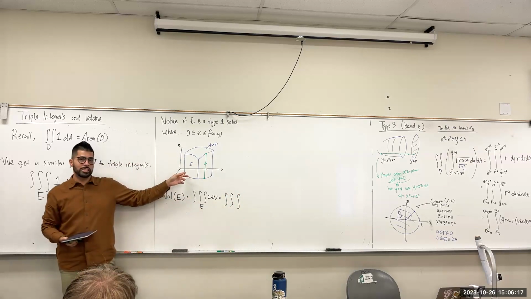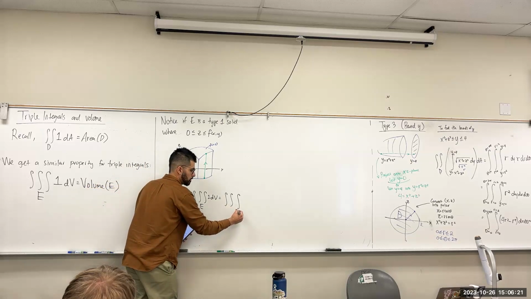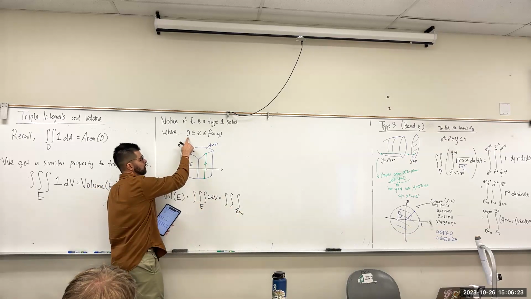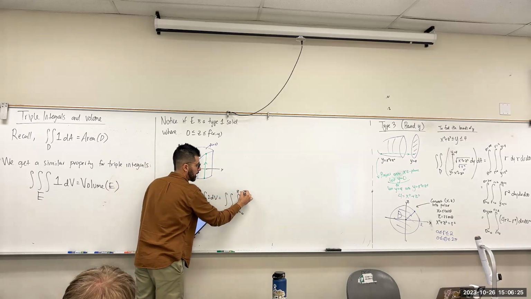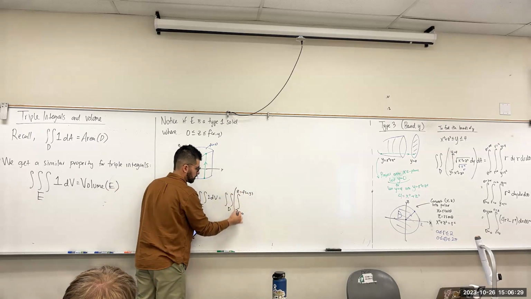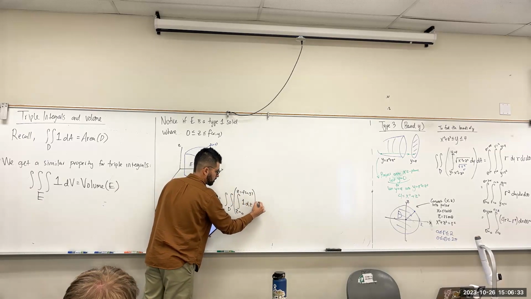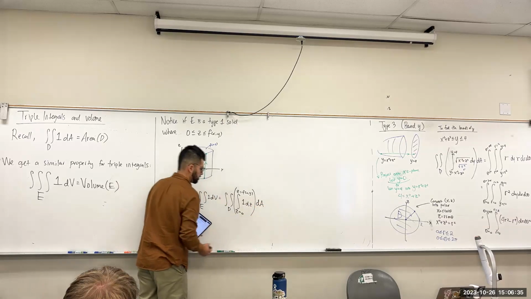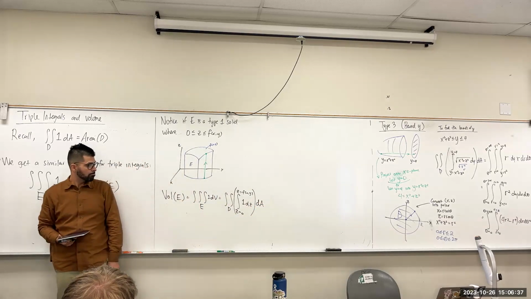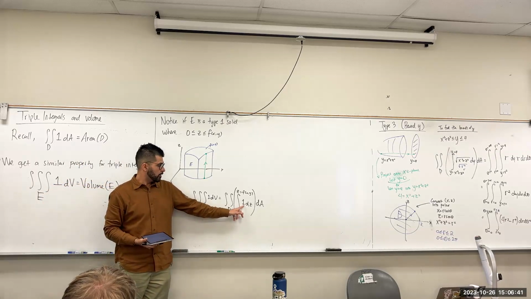What are the bounds for Z? What is Z bounded by here? It's bounded by 0 below, and it's bounded by f of xy above. What's the antiderivative of 1 with respect to Z?